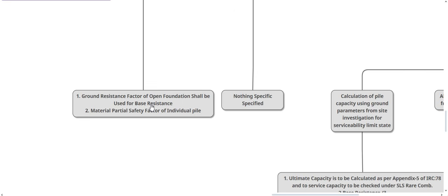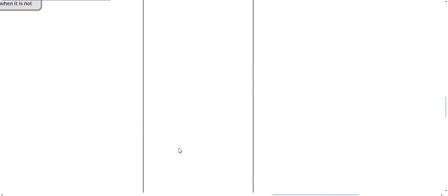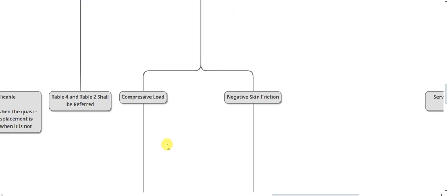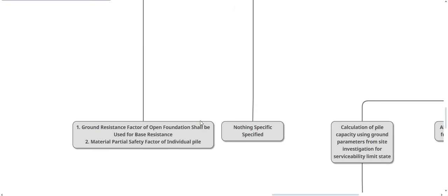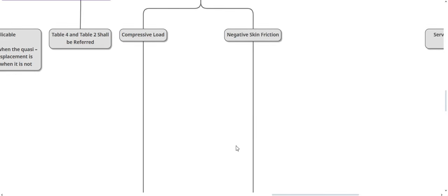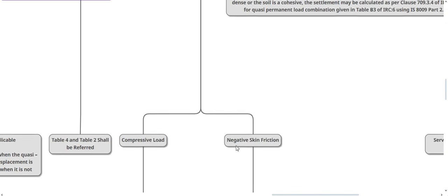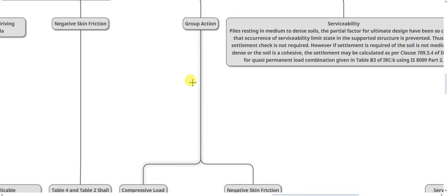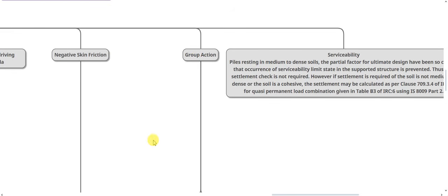So the ground resistance factor is also to be taken from the open foundation case, and the material partial safety factor for an individual pile is to be considered for group action also. For negative skin friction, nothing specific is specified, so we may follow the same as we are doing for individual piles.